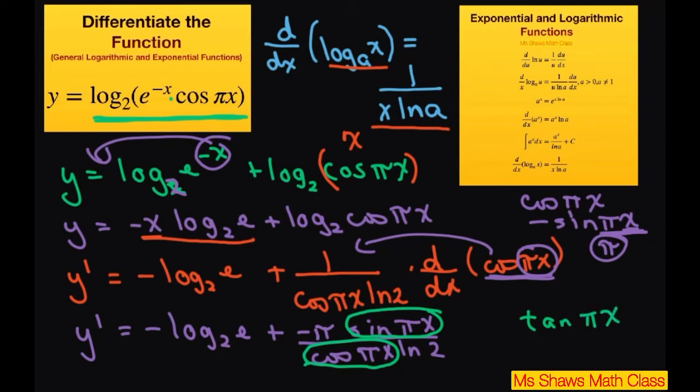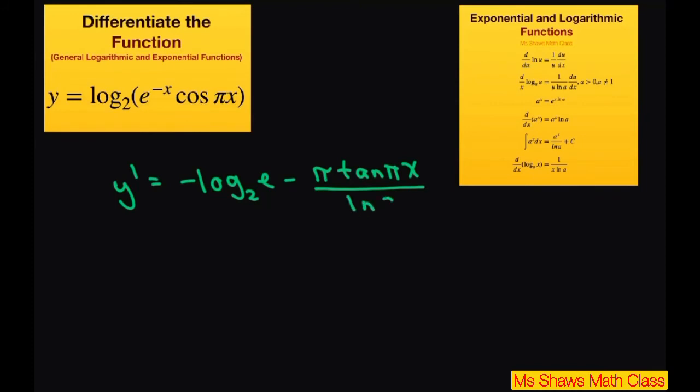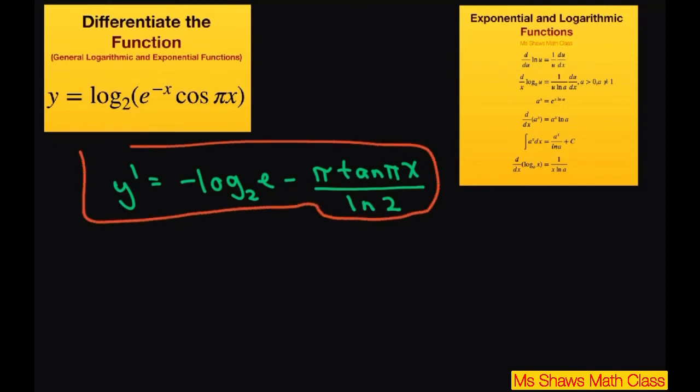All right, so what we'll get is negative log base 2 of e minus pi times tan pi x divided by ln of 2. Now, we can rewrite this answer. This is our answer, so this is fine.